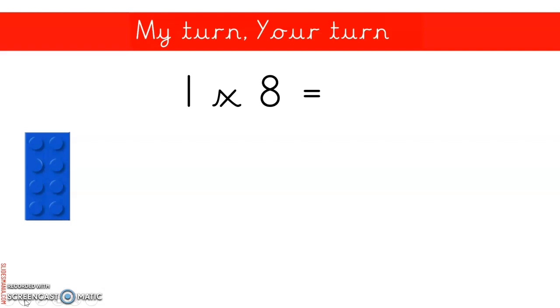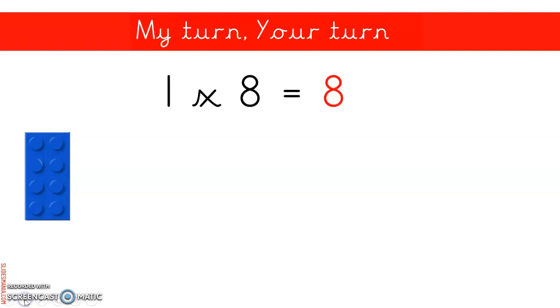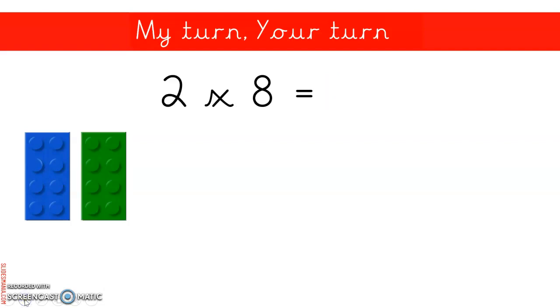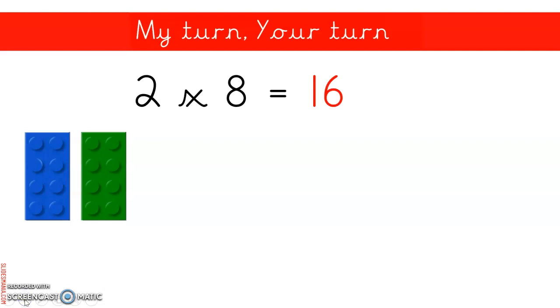So my turn, your turn. I'm going to say the times table and you need to use the blocks to tell me the answer. My turn. 1 times 8 is. Well done. 8. My turn. 2 times 8 is. Have you got it? 16.